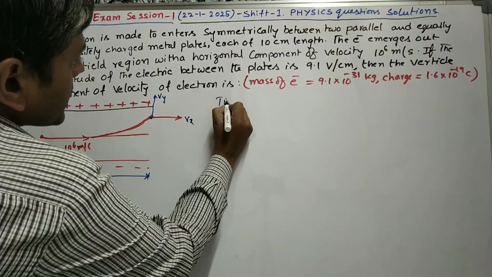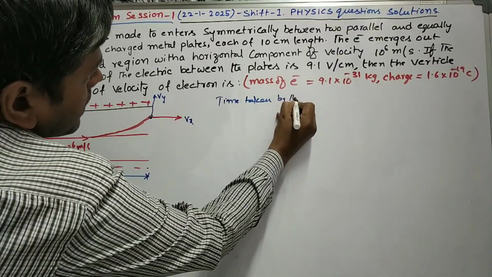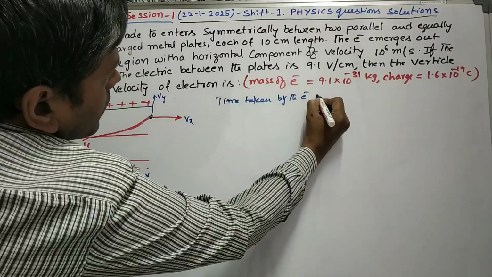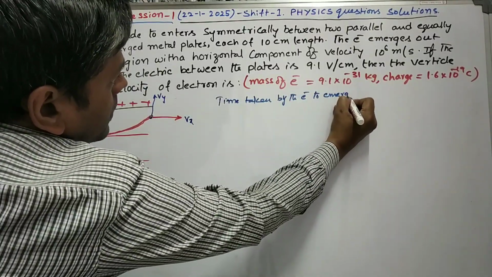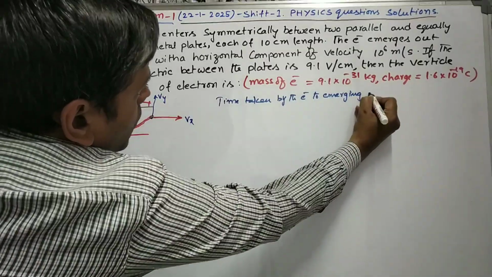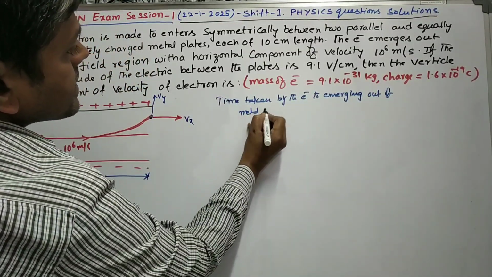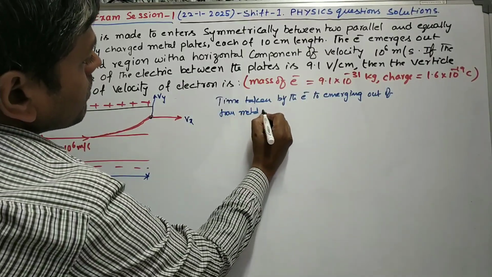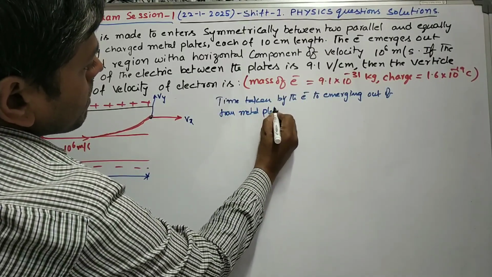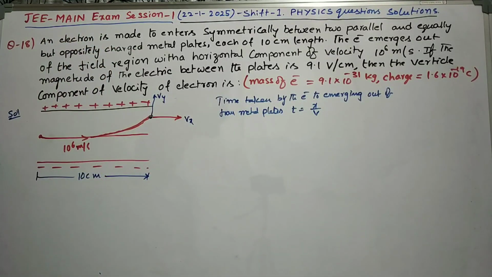So the time taken by the electron to emerge out of the metal plates: T is equal to x by v, displacement by velocity.